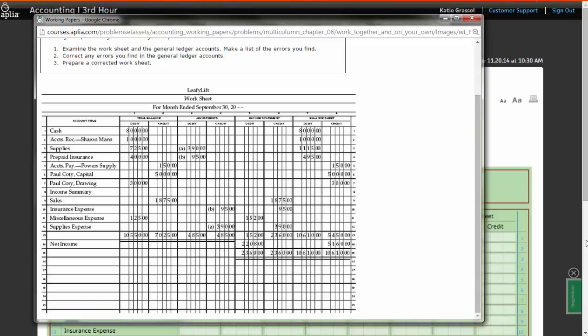Second thing is we adjust for supplies and insurance, and we adjust because we use things up. We always use things up right now. Then we go through and determine our net income with our revenue and expenses on our income statement. And the last thing, which is all the way over on the end, is our balance sheet, where we go through and make sure that our assets equals liabilities plus owner's equity. Okay? Those are the four reasons that we have a worksheet.